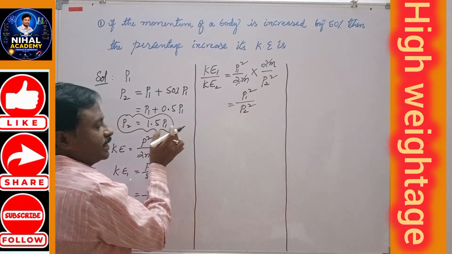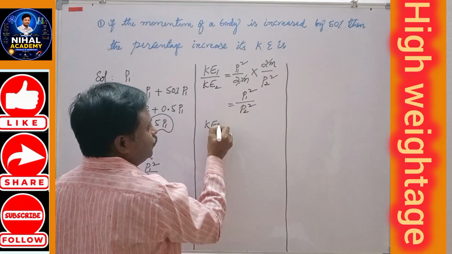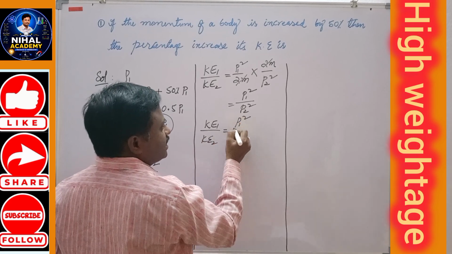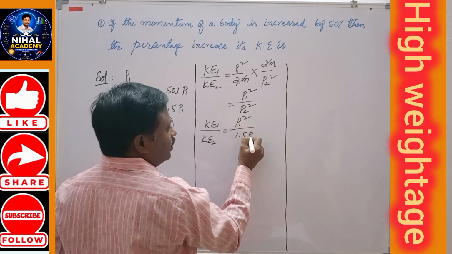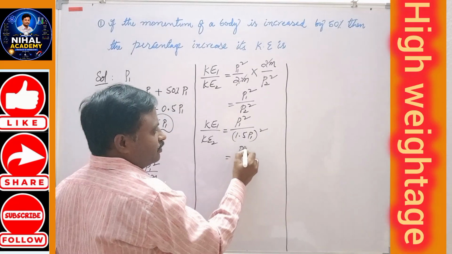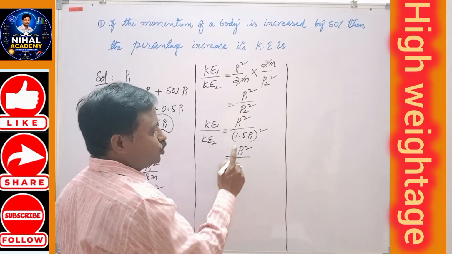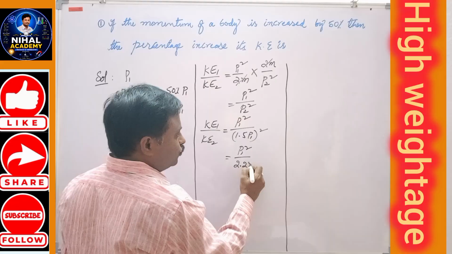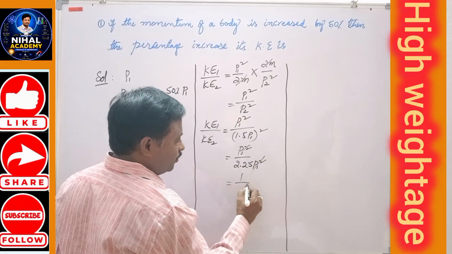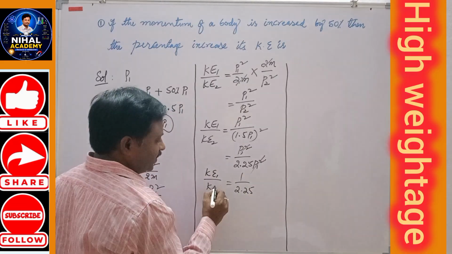We know the P2 value is equal to 1.5 P1, so we substitute: KE1 by KE2 is equal to P1 square by (1.5 P1) whole square. So this is P1 square by 1.5 squared, that is 2.25 P1 square. P1 square is cancelled, so this is equal to 1 by 2.25. So this is KE1 by KE2.